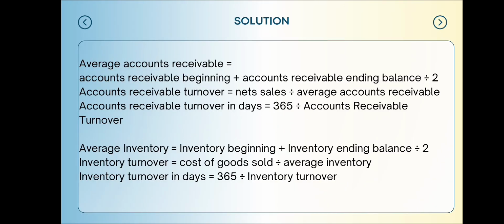Before solving the operating cycle, we must first determine the average accounts receivable turnover to come up with the accounts receivable in days. Similar to the inventory turnover in days, we first compute the average inventory and inventory turnover.